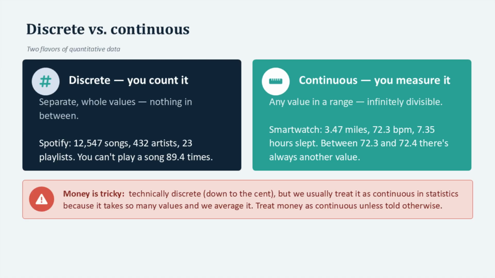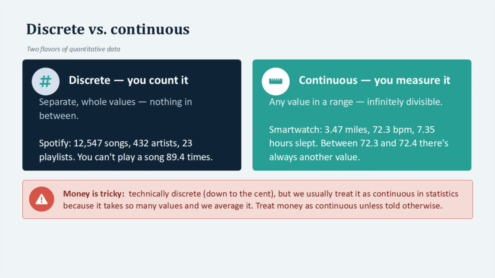You created 23 playlists. And here's the key. You can't play a song 89.5 times. You can't create 23 and a quarter playlists. Those values move from one whole number to the next. That's discrete data. Think countable.